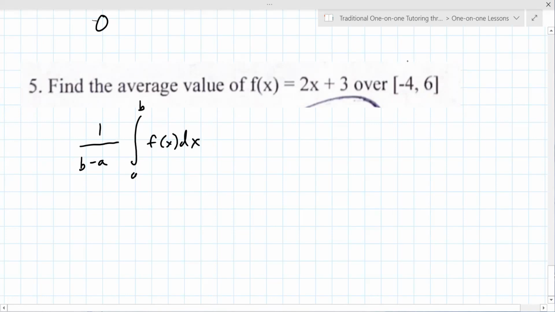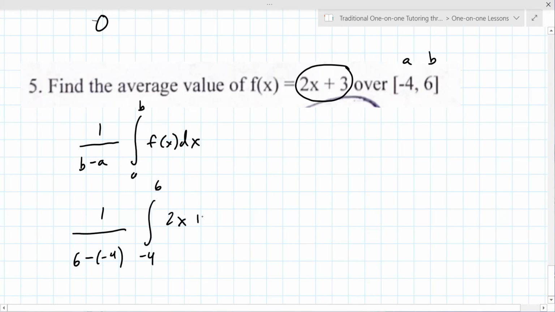And notice you're given a, you're given b, and you're given f of x. So it's 1 over 6 minus -4, integral -4 to 6, 2x plus 3 dx.